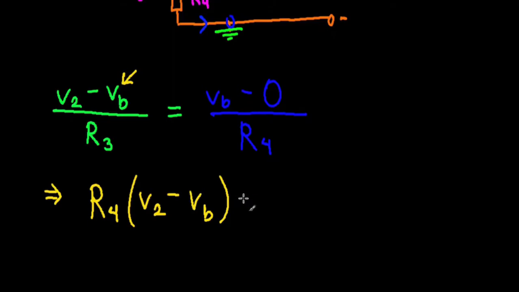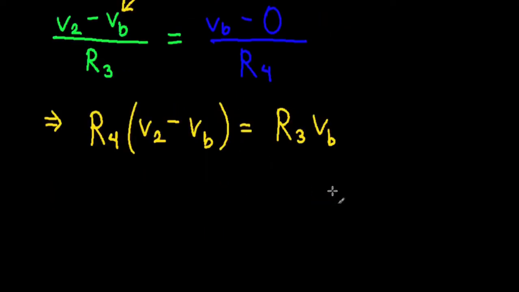This is going to equal R3 V sub B. So we're almost done. If we add R4 V sub B to both sides, this one would cancel out. What we get here is R4 V2.